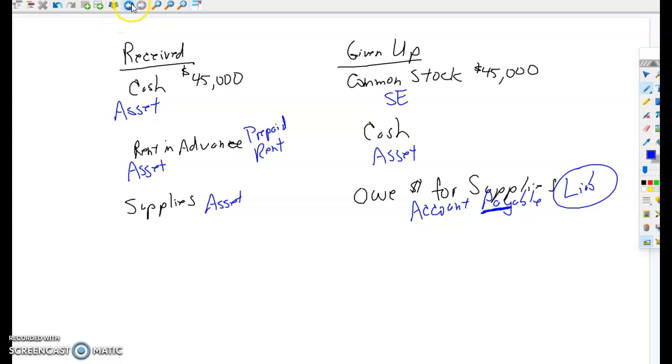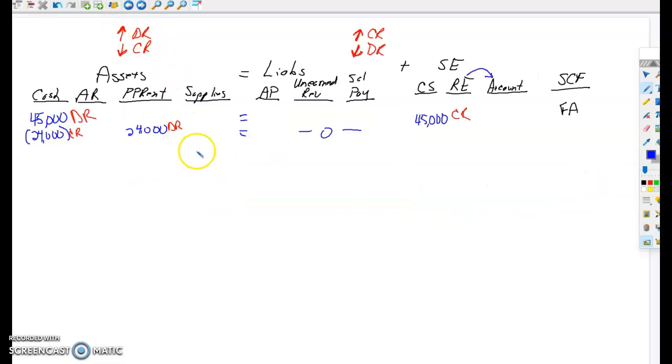Let's go to our horizontal model. So we have supplies of 3,200 going up, right? This is going up, and we owe money. That's our accounts payable. It also is going up. So this side goes up 3,200, and that side goes up 3,200. Assign our debit and credit.